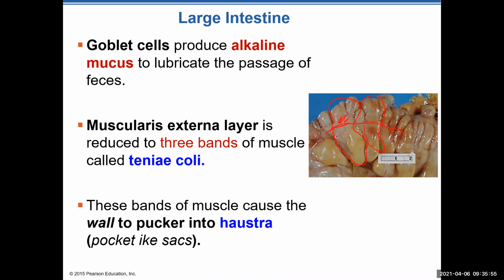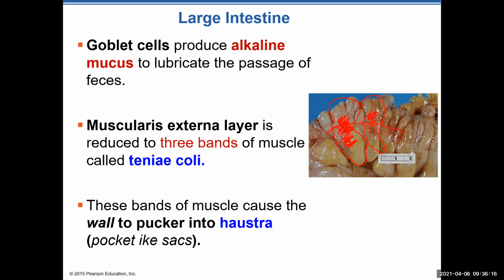For example, if you see here, let me draw it. I can have a pocket over here where the waste can be stored, another pocket over here. And these pockets are very important because they can cause the haustral contractions, which we'll talk about later on.